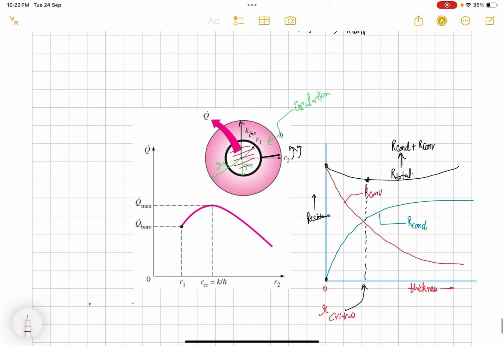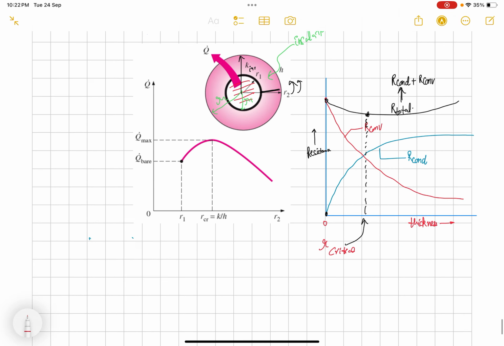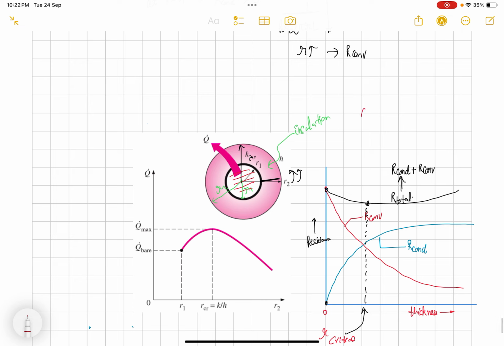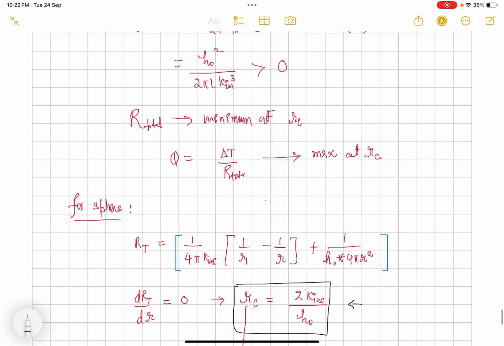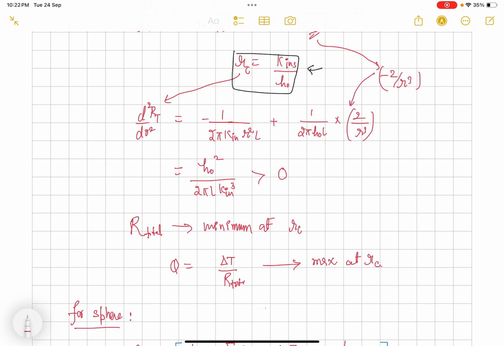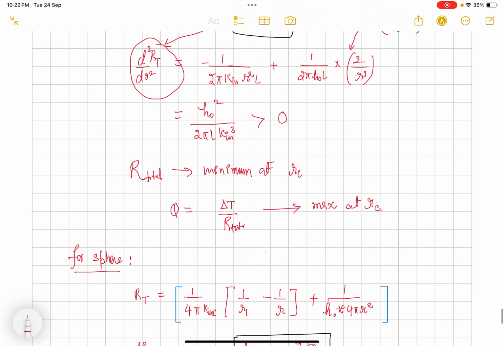So total resistance is minimum. When total resistance is minimum, heat loss will be maximum. How are we saying that? Because heat loss is delta T divided by total resistance. So we saw from the last lecture that the double derivative of the total resistance was positive.